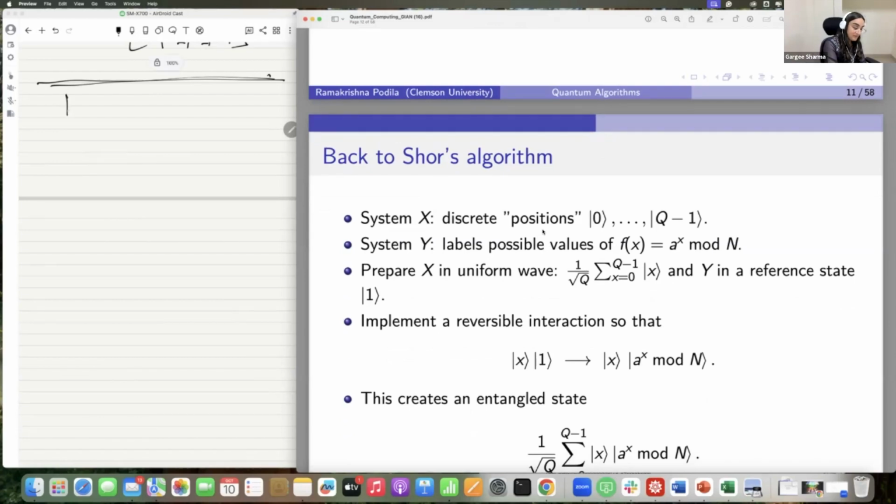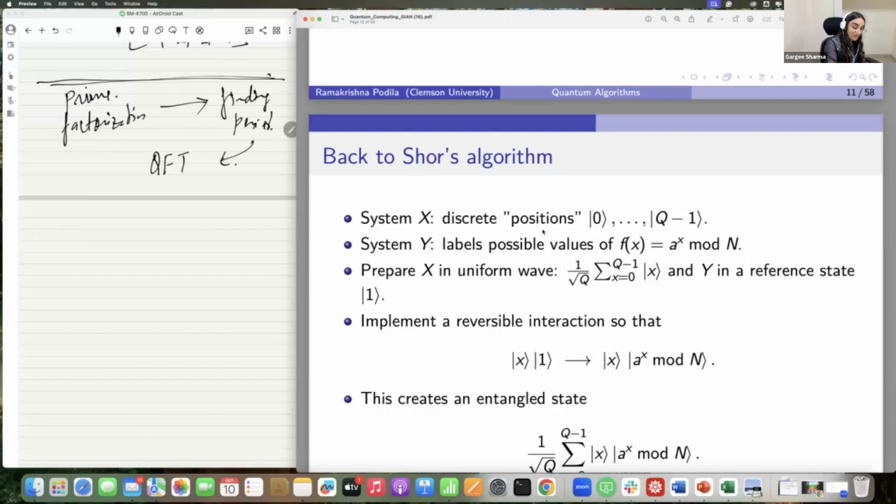So far, the problem of prime factorization can be reduced to the problem of finding periods of a function, and how to find the period of a function is basically using the quantum Fourier transform.